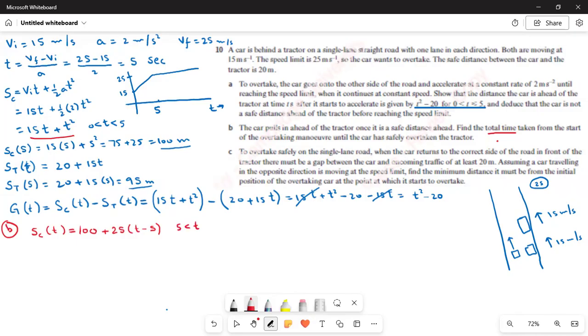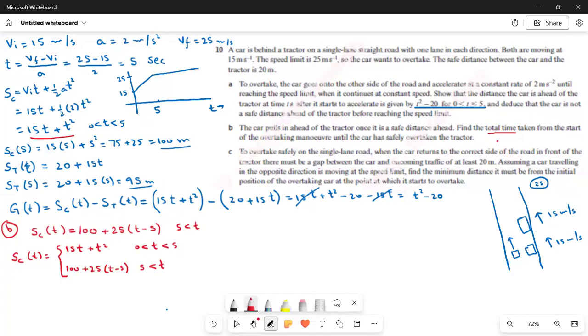So I can write this expression for the distance covered by the car as a function of time. It is given by 15t plus t square when the time is between 0 and 5 seconds, and it is 100 plus 25 times t minus 5 when the time is more than 5 seconds.